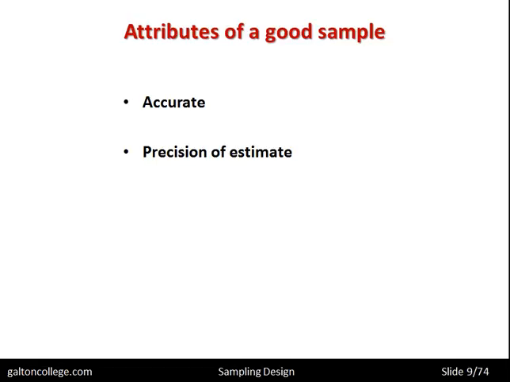And the bigger the sample and the more scientifically the sample was selected, the more precise the estimate will be. The better the estimate of, let's say, the average or the standard deviation or whatever it is we're working out, the more precise that will be to the population. Ideally, we'd like to say that the average calculated from the sample is exactly the same as that of the population.